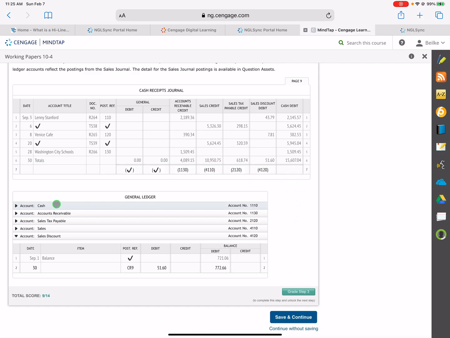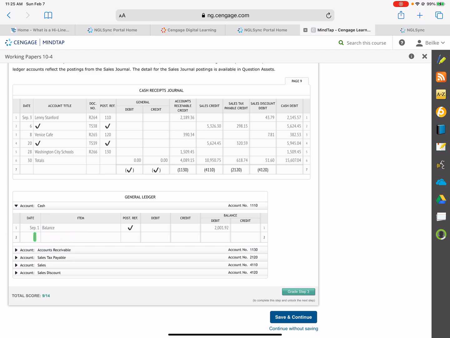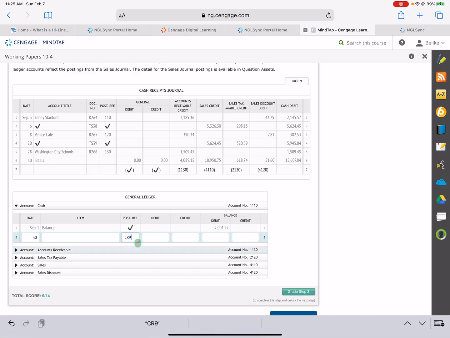And the last one is our cash debit. So the balance, it is the 30th. CR9. We have a cash debit of $15,607.04.